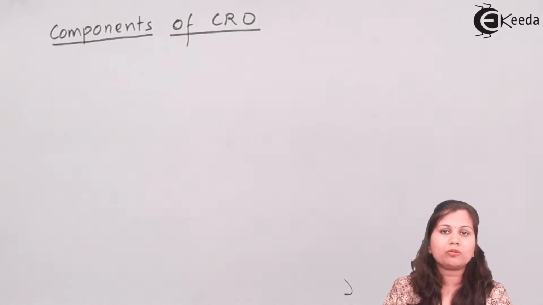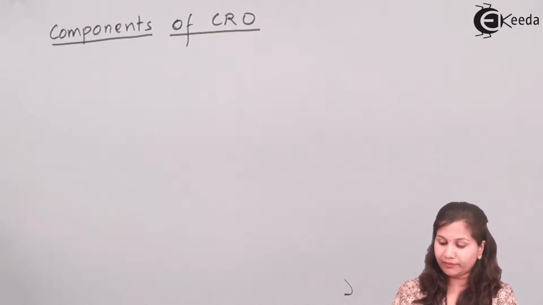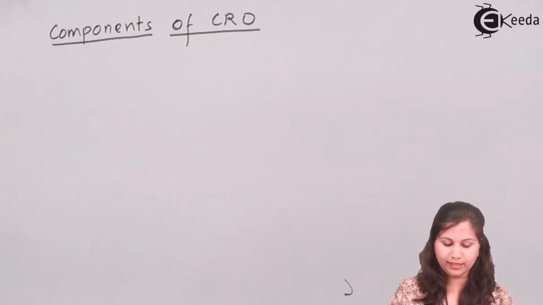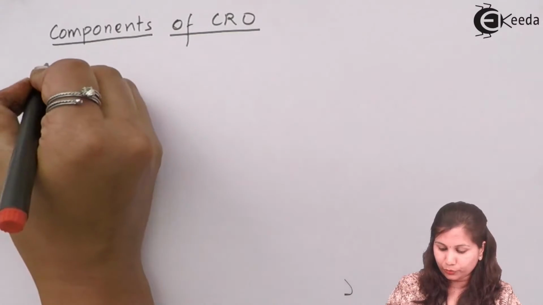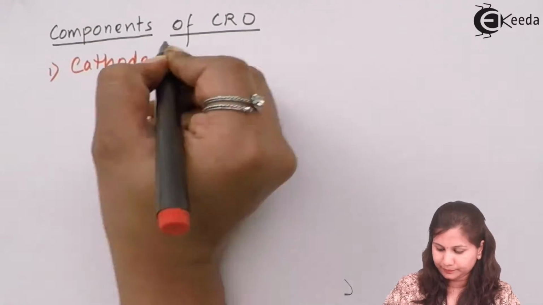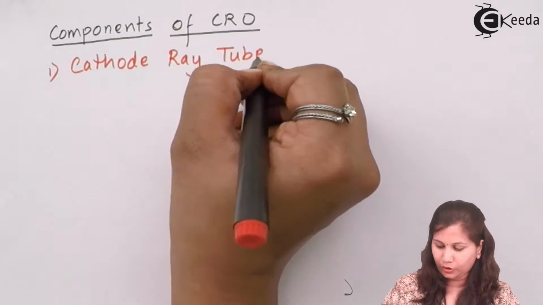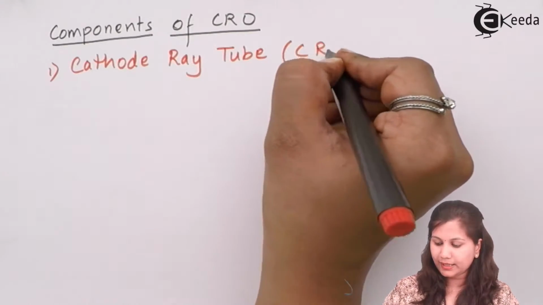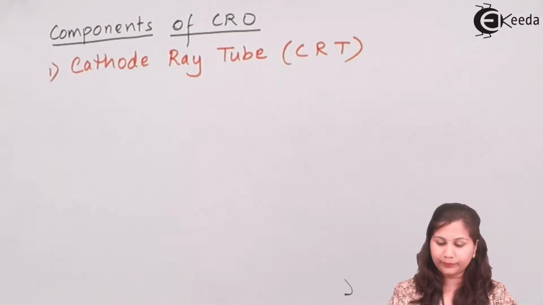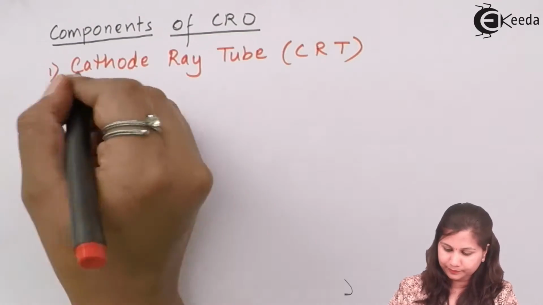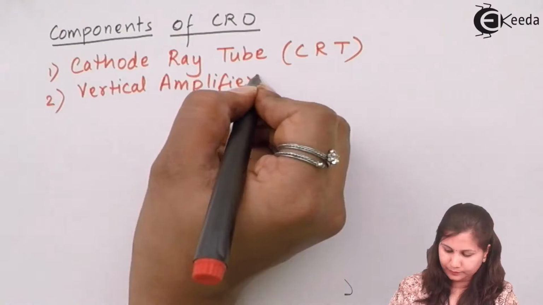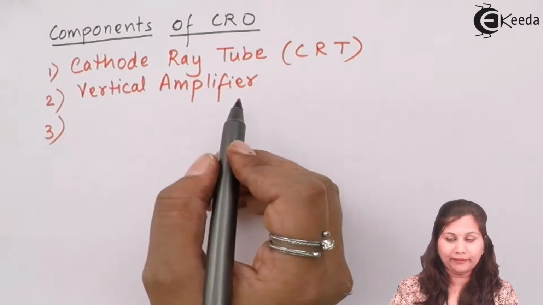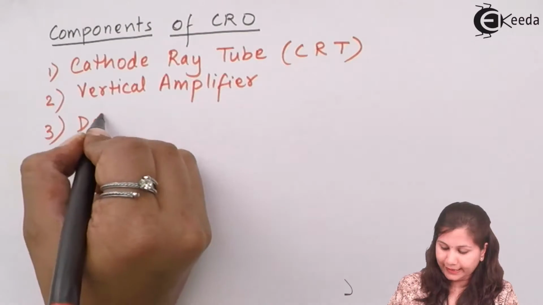Now if we talk about a normal CRO, the various components of a CRO are: first, the cathode ray tube, whose short form is CRT. Second is the vertical amplifier. Third is the delay line.